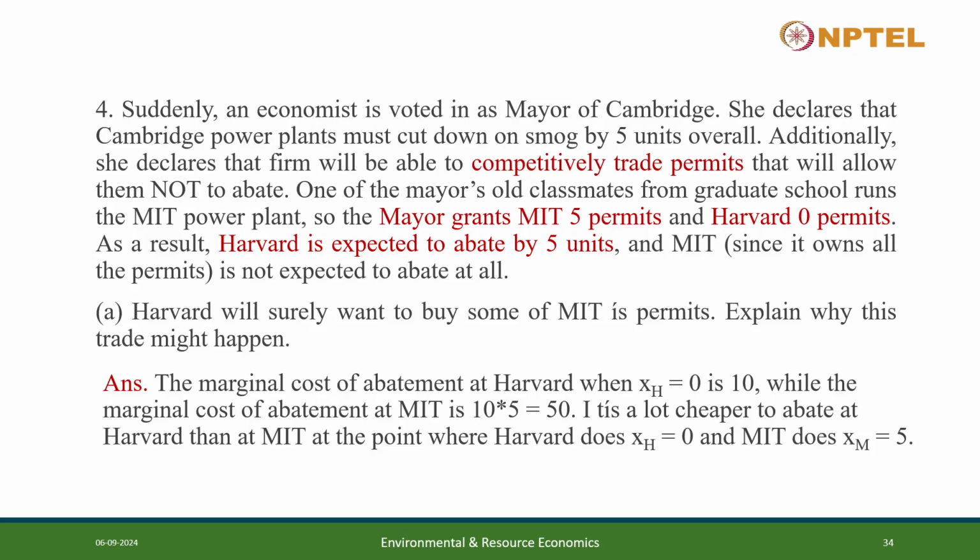So it is a lot cheaper to buy permits compared to abatement, right? So what we are saying is that the Harvard plant will buy 5 units of abatement from the MIT plant. So xm will be 5.